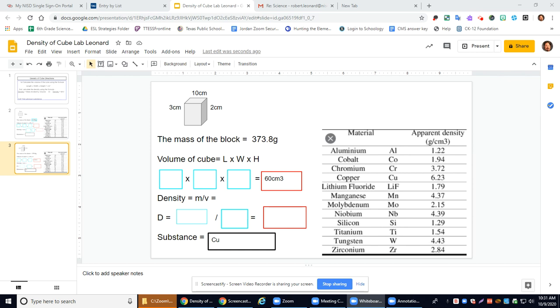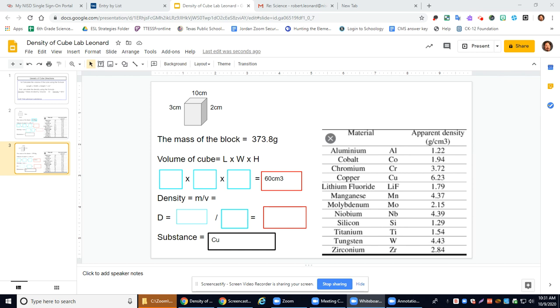All right, this cube has 3 centimeters for one side, 2 centimeters for the other, and I'm going to put 10 centimeters as the height. Again, it doesn't matter what order you put in your calculator, you'll get the same answer.